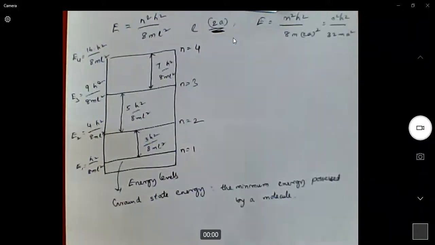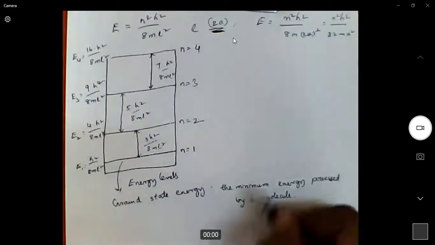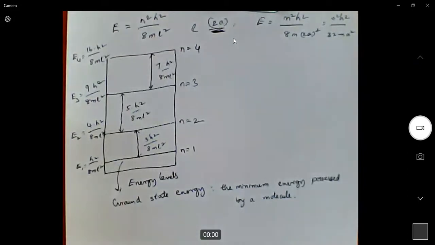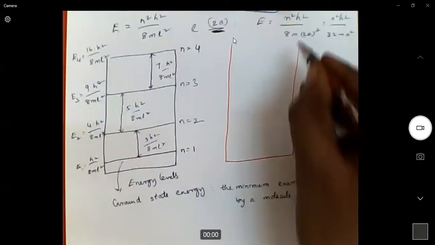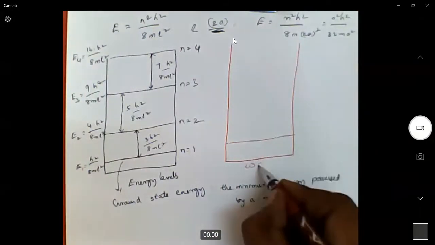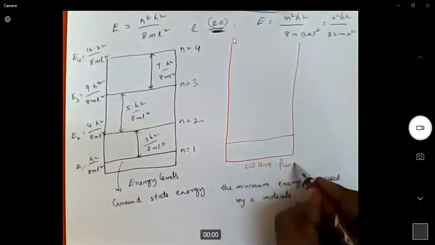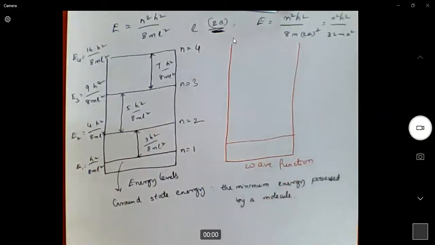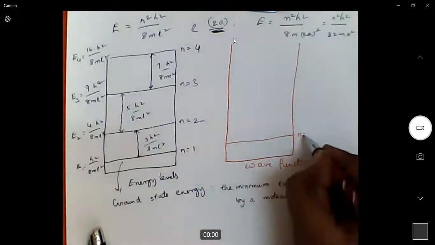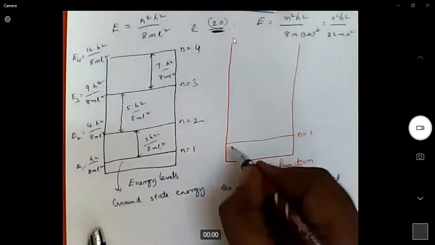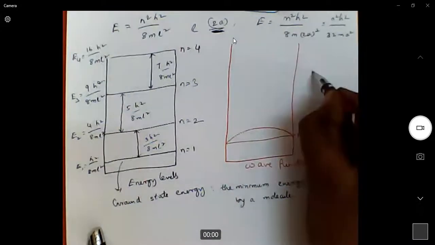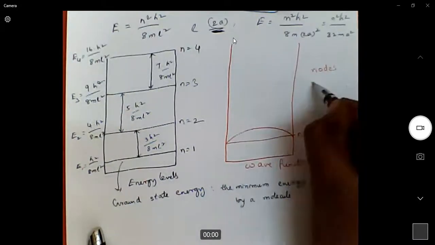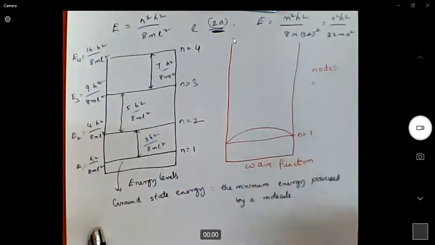Now we will try to represent the wave functions in the box. When n is equal to 1, that means there are no nodes. So the wave function will be like this. What are nodes? A node is a point where the probability of finding an electron is 0.